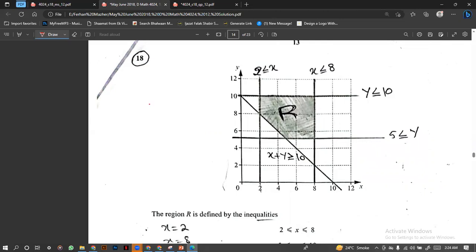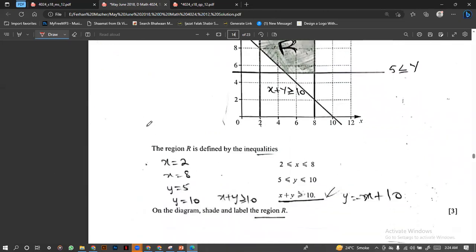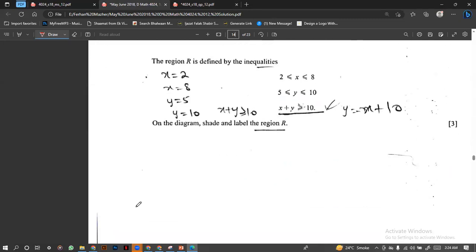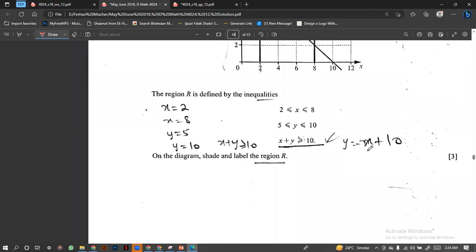So this line is x equals to 2. This line is x equals to 8. This line is y equals to 10. This line is y equals to 5. And this is the line x plus y equals to 10. He says on the diagram, shade and label. The important thing is how we got this.